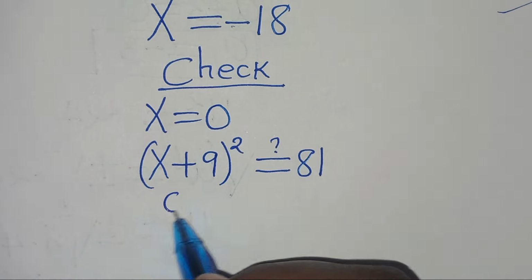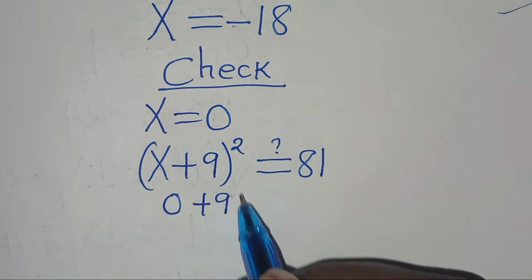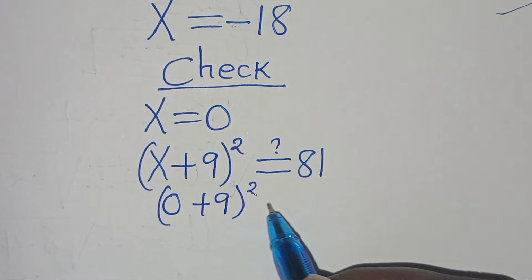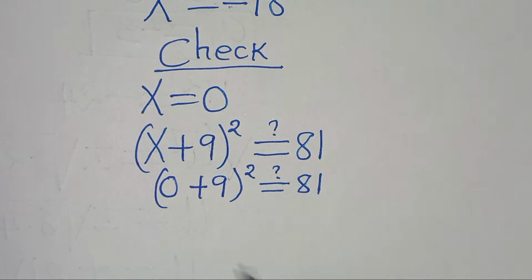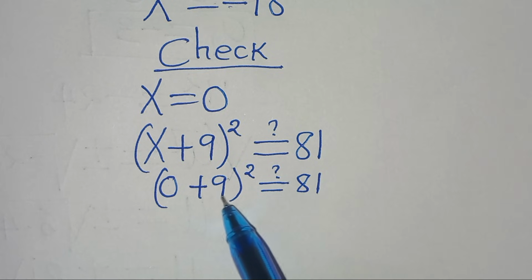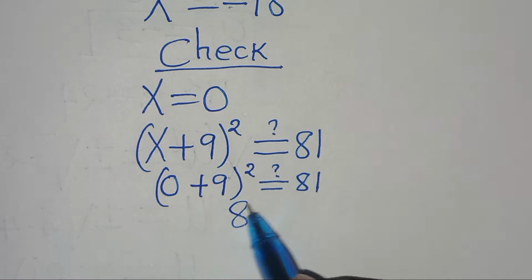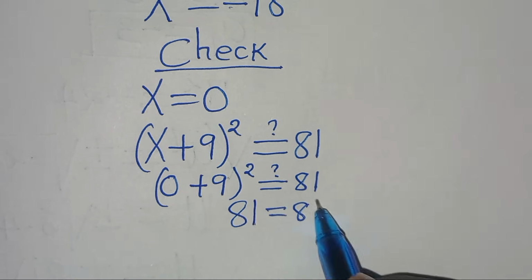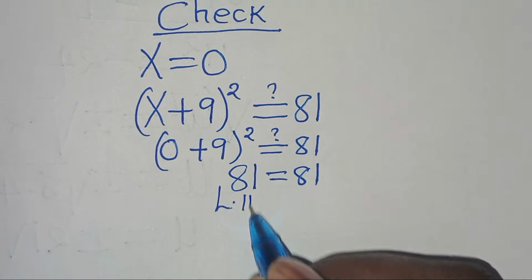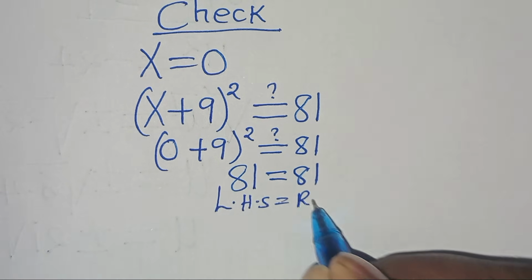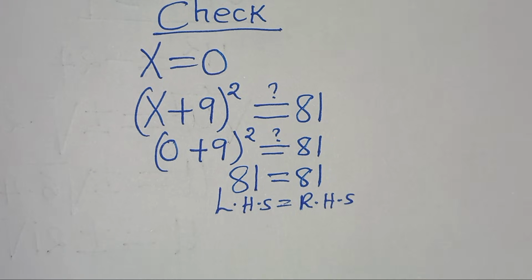So we have (0 + 9)^2, which is supposed to give us 81. This is the same thing as 0 + 9, which is 9, and 9 squared is 81, which is equal to 81. So the left hand side is equal to the right hand side.